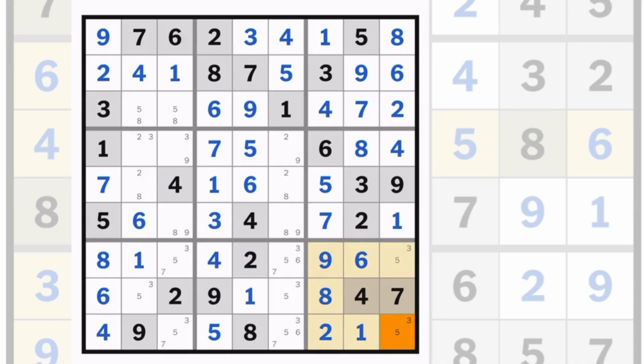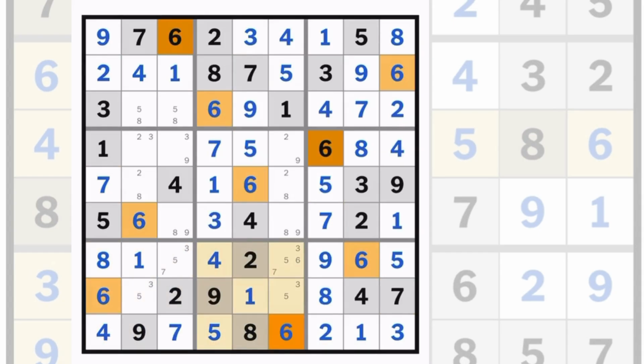So then this becomes 3. This becomes 5. So we again remove 3 from here, 3 from here. We remove 5 from here, 5. So this becomes 7. This becomes 6. Then we remove 7 from here. So this becomes 7.